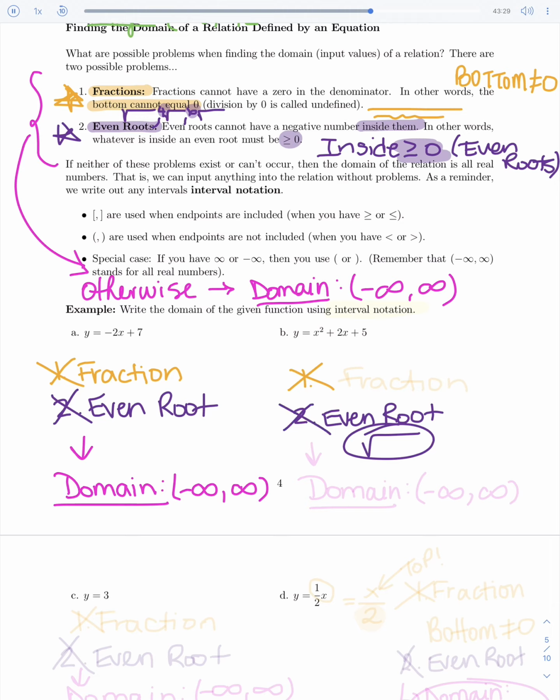So nope, that's not a problem either. I have no even root and I have no fraction. So what does that mean? My two mathematical no-nos are non-existent, so I can plug in anything I want. I won't run into any issues. So my domain is negative infinity to positive infinity.